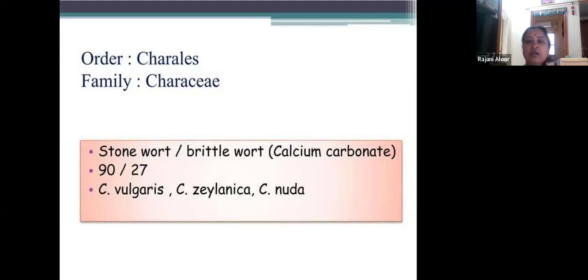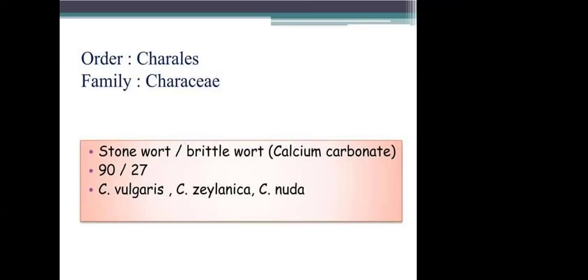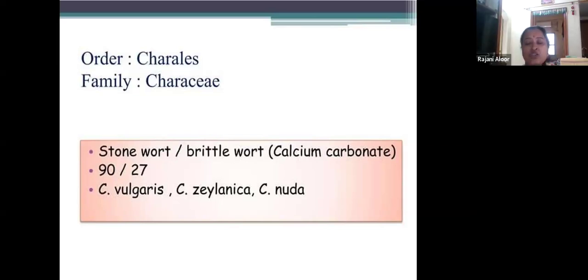But here, most importantly, the CHARA cell wall is made up of calcium carbonate. That is why, when you touch CHARA, it has a very rough surface. That is why it is called stonewort or brittlewort.